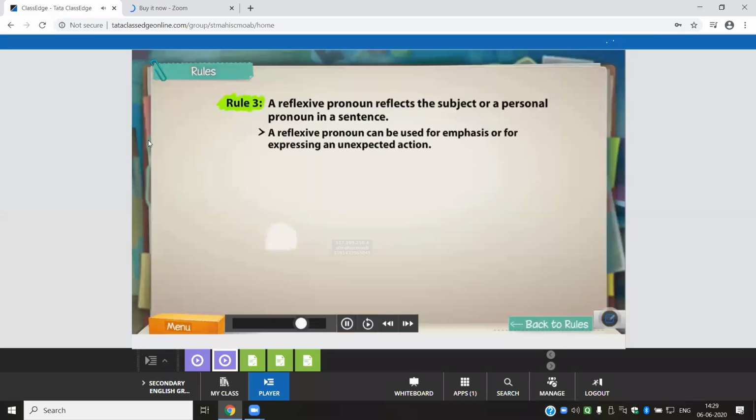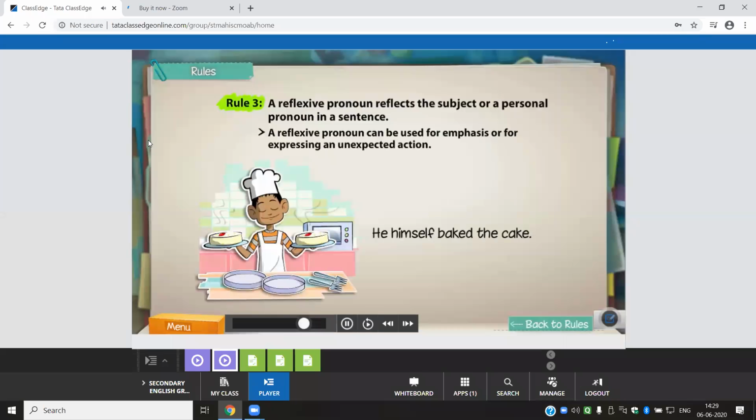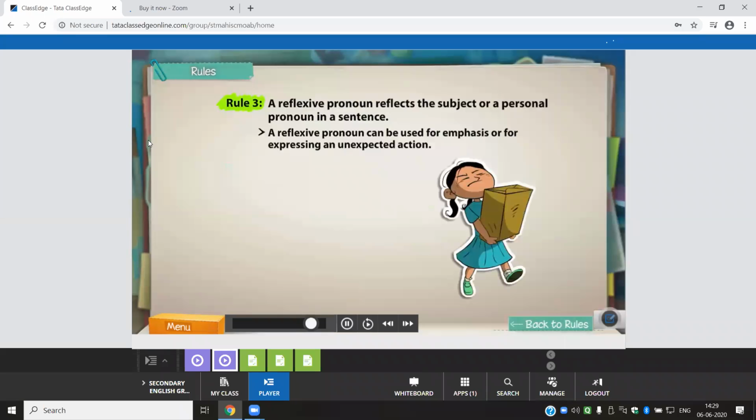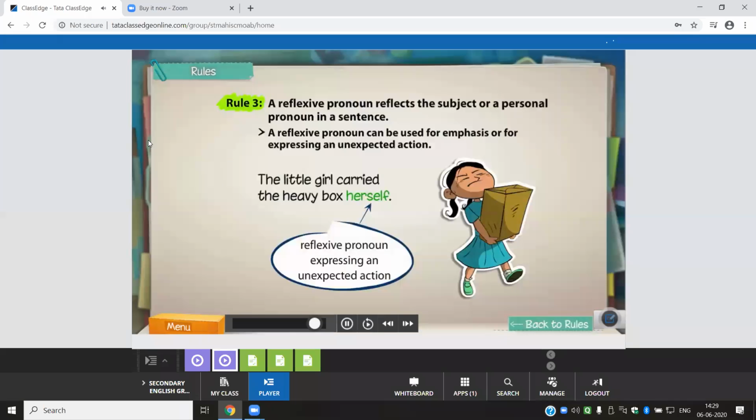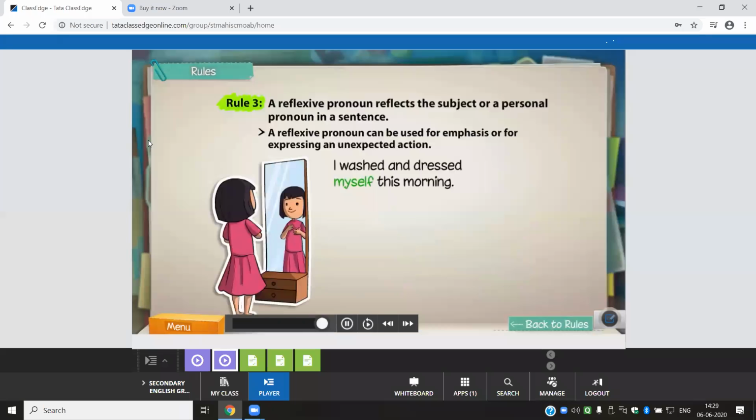For instance, here, the reflexive pronoun himself is used for emphasis. On the other hand, in this sentence, the reflexive pronoun herself is used to show an unexpected or surprising action. However, reflexive pronouns are not used for routine actions, such as washing and dressing.